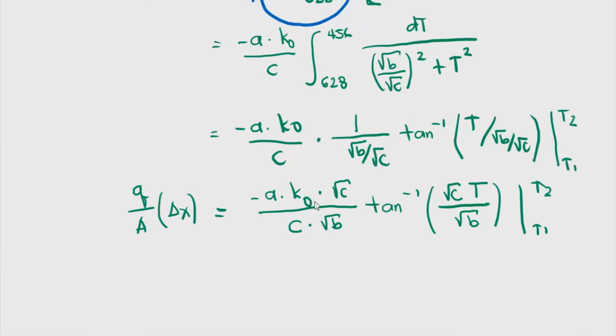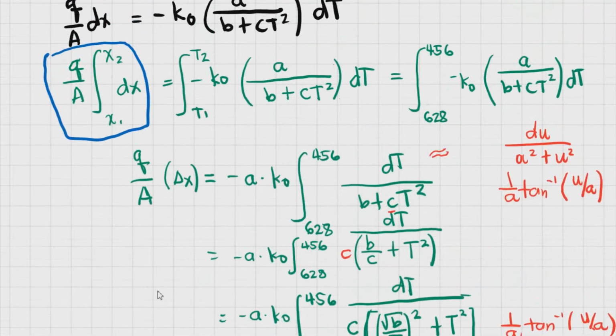Okay, so with that, let's substitute the values of our a, b, and c, and of course k sub o. So in that case, we have q over a, and then also the delta x, we need to substitute it.